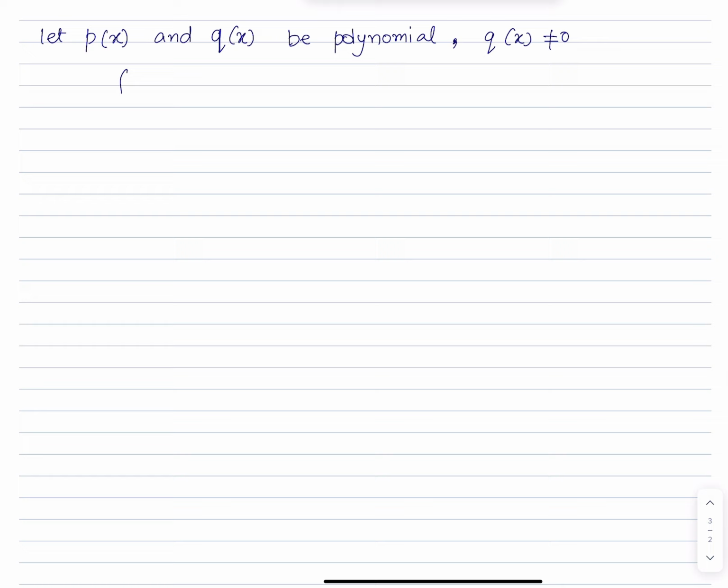Then F(x) defined by their ratio P(x) over Q(x) is called a rational function. So a rational function is a ratio of two polynomial functions.